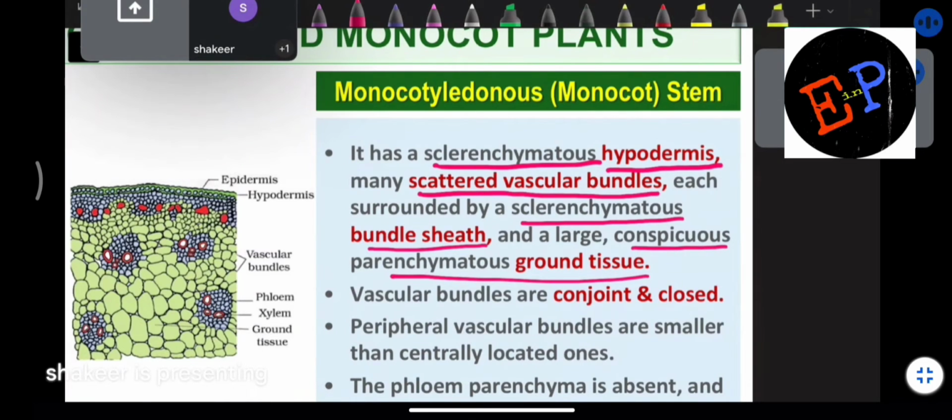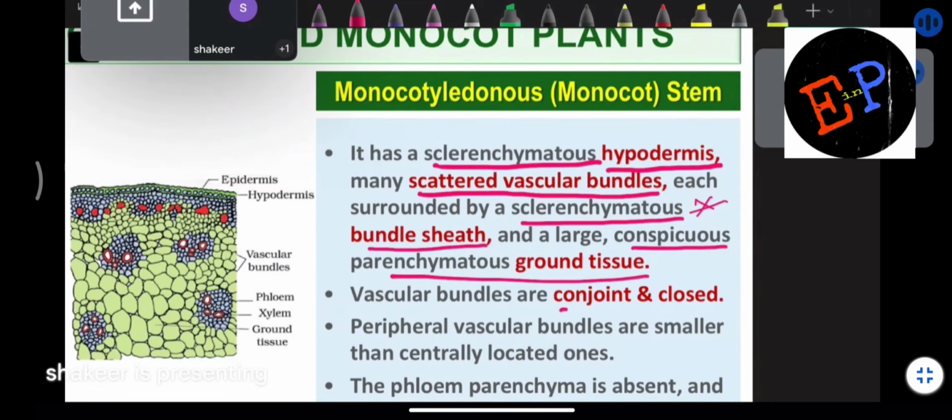In monocot stem you can find scattered vascular bundles, and they are surrounded by sclerenchymatous cells. A large conspicuous parenchymatous ground tissue is also present.